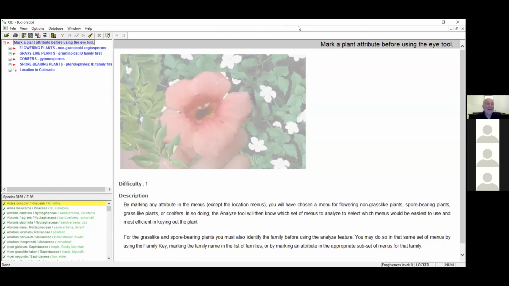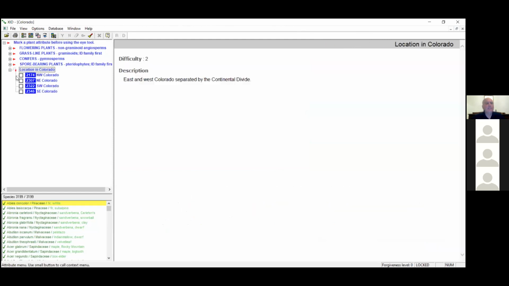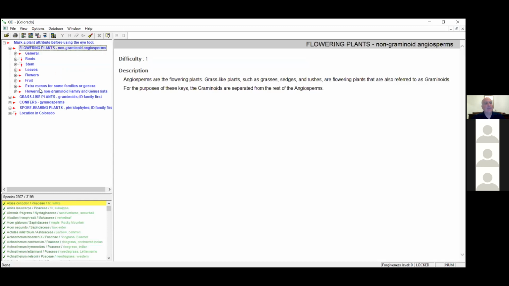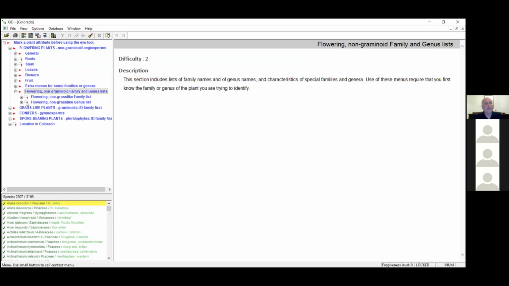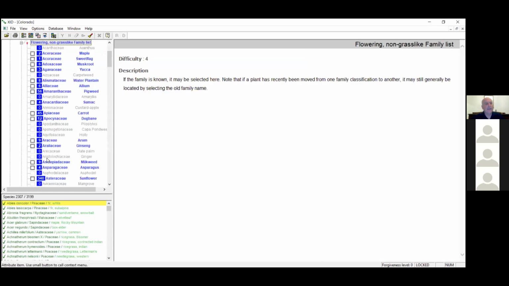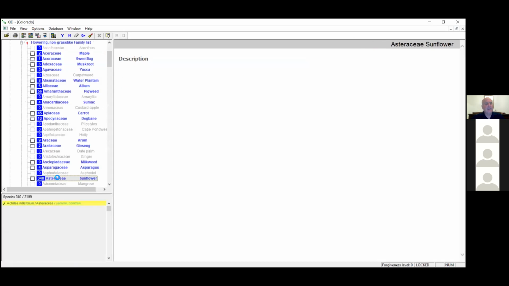just because that's the theme. What you do in a tool like this is you go through and select certain characteristics. We can select the location. We know we're in Northeast Colorado. We can select a family. We know the family from looking at it. We might not know the genus, but we know the family, so we'll just go ahead and pick Asteraceae.